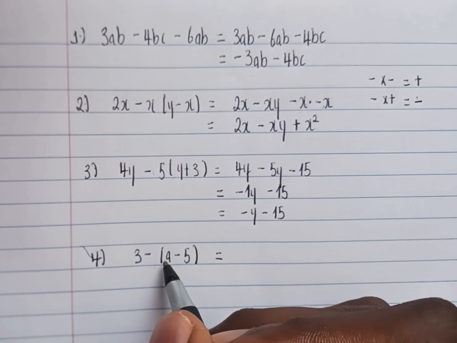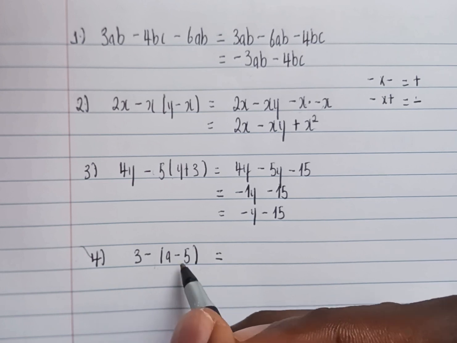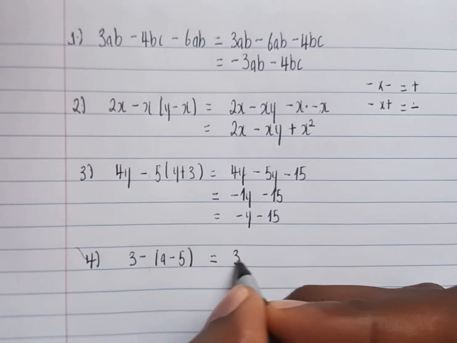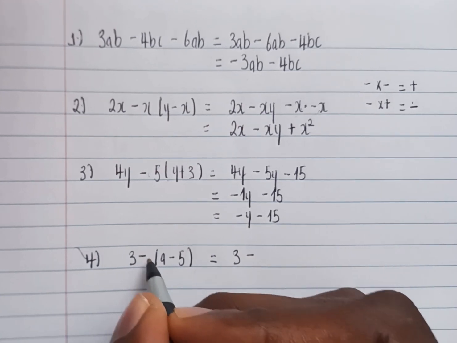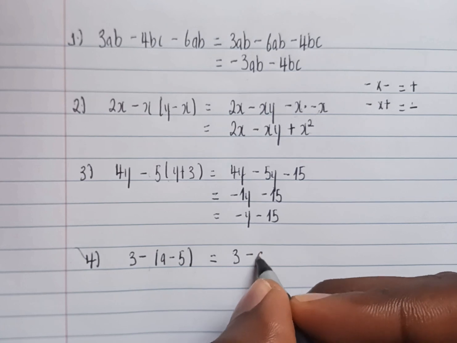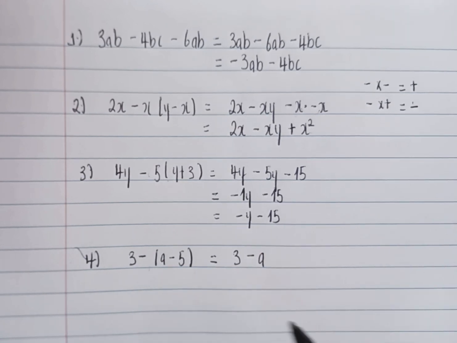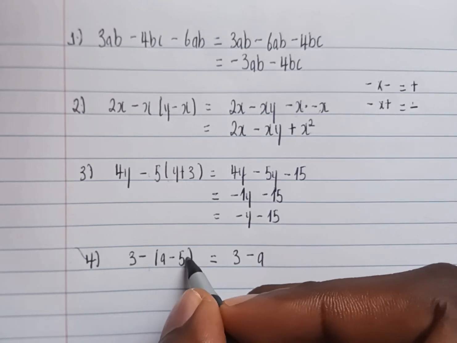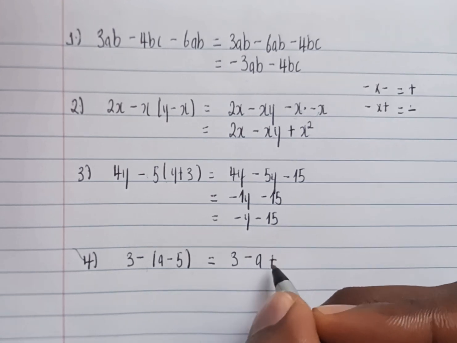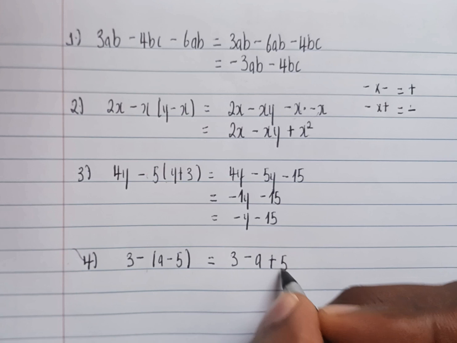When there's no number beside or ahead of an expression, the coefficient is always 1. So here we have 3 minus, as I've said earlier, the coefficient is 1, so I multiply negative 1 by a. So I have minus a. Negative 1 times a is minus a. Negative 1 times negative 5, a negative sign times a negative sign gives positive. 1 times 5 is 5.